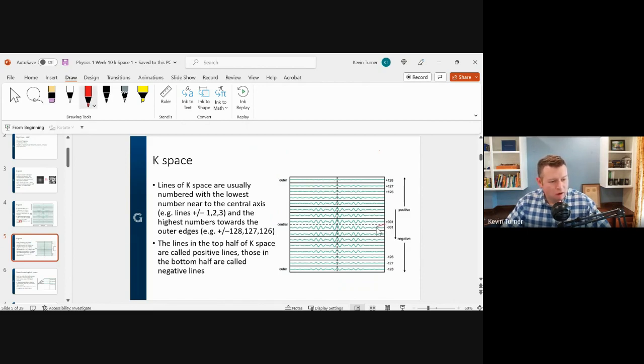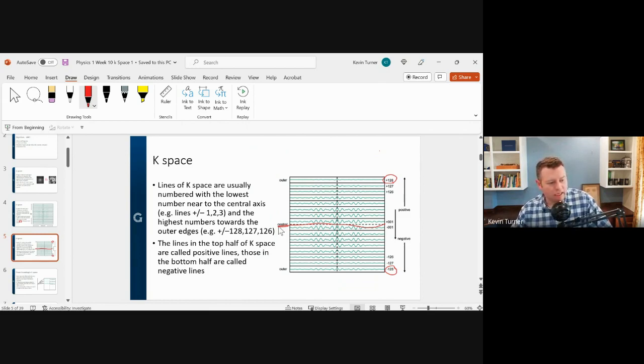So when we label our echoes in K space, positive 128 and negative 128 are the same echo. Just one was made with the positive side of the phase encoding gradient and one was made with a negative.